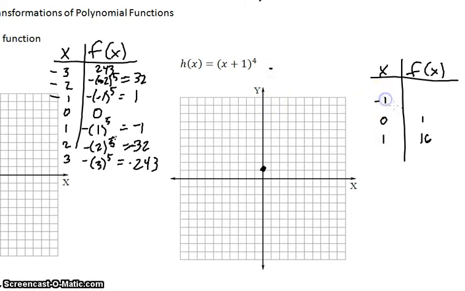If I plug in -1, I get 0. If I plug in -2, I get a -1 to the 4th power, which is a positive 1. And if I go one more, you're probably going to find that if I go to -3, it's going to be a positive 16. So this gets out of hand very quickly.